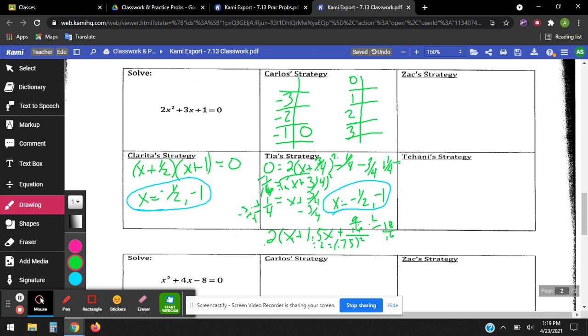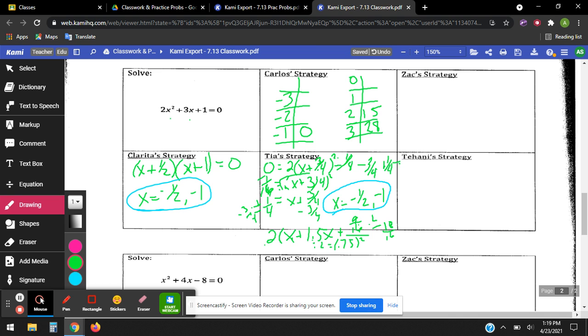And if I start plugging in some numbers here, we'll just go ahead and plug in some of these over here. So 3 squared is 9. 9 times 2 is 18. 18 plus 3 times 3 is 27. So that means this is 28. 2 times 2 squared is 4 times 2 is 8. 8 plus 6 is 14 plus 1 is 15.